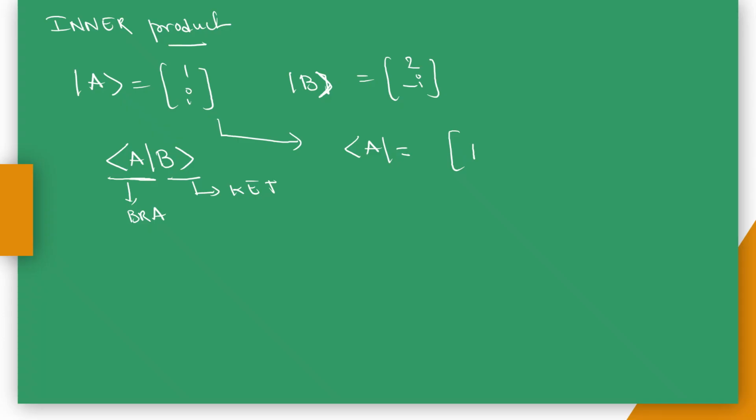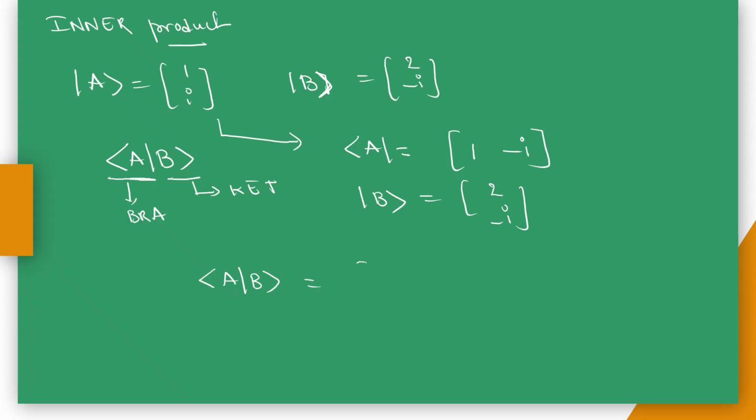So 1 is a real number, its conjugate is also 1, but i is imaginary, and its complex conjugate is taken as minus i. Now B is like (2, minus i). So I need to take the product between these two, like an inner product.